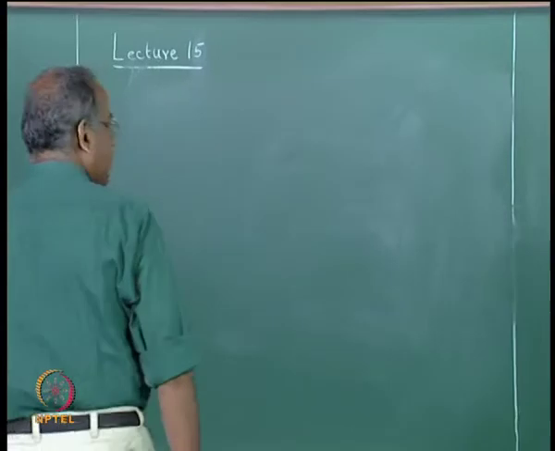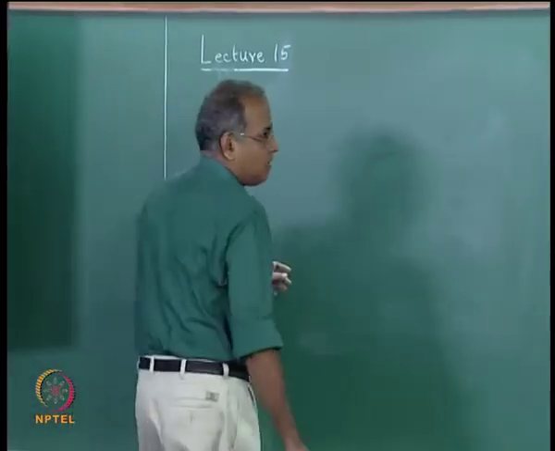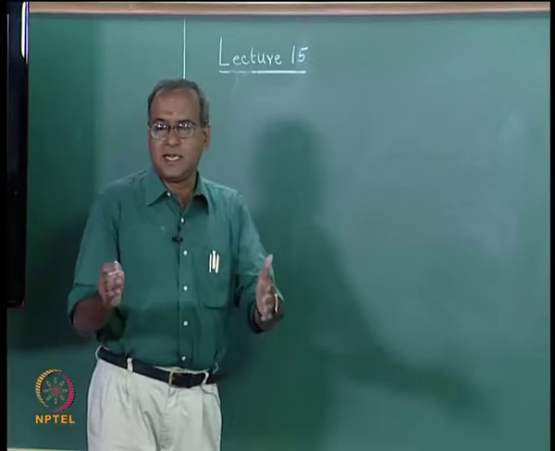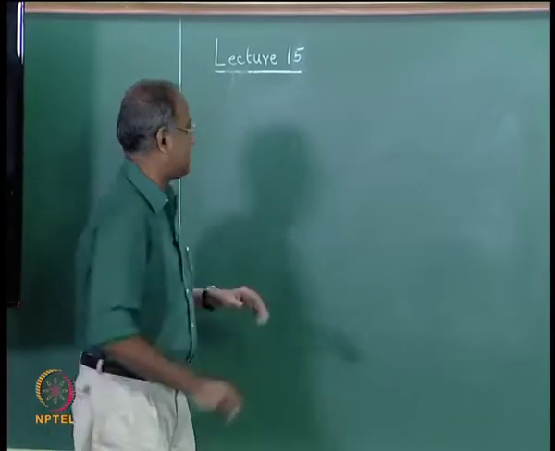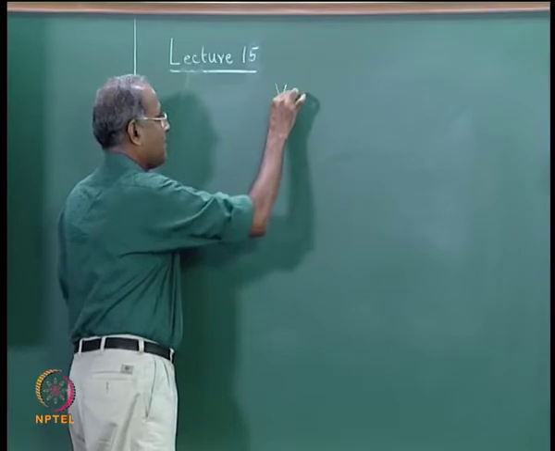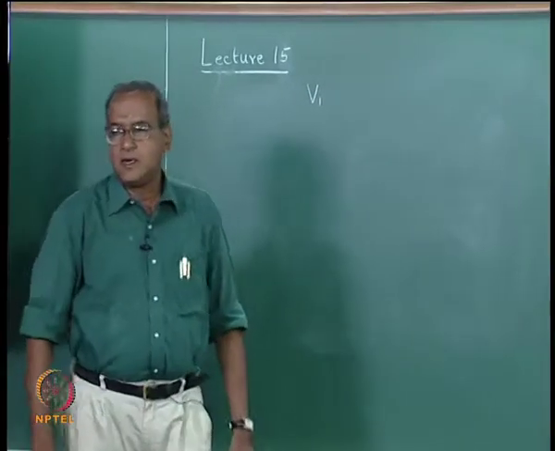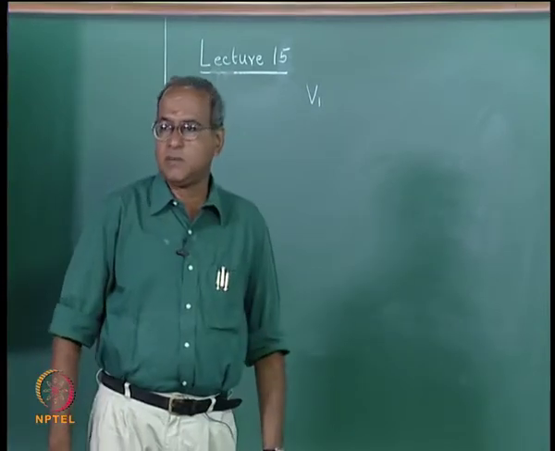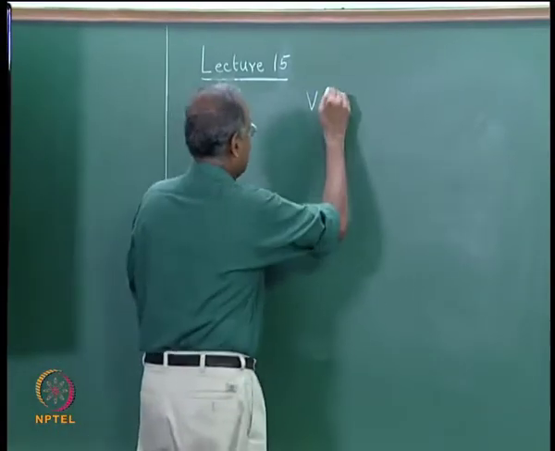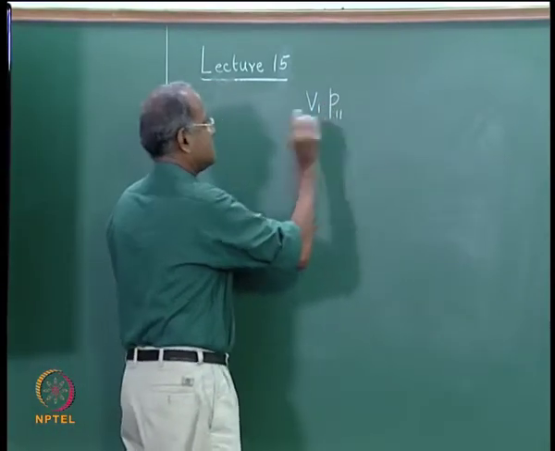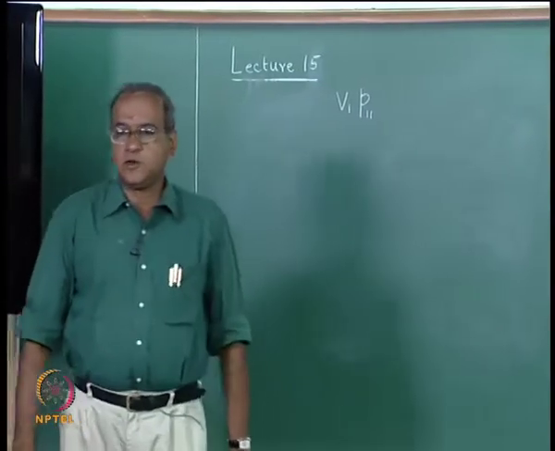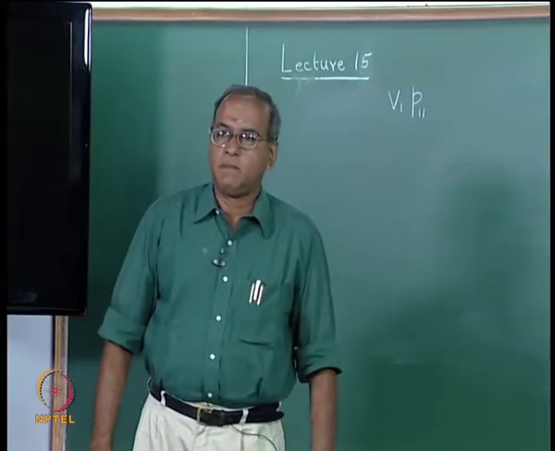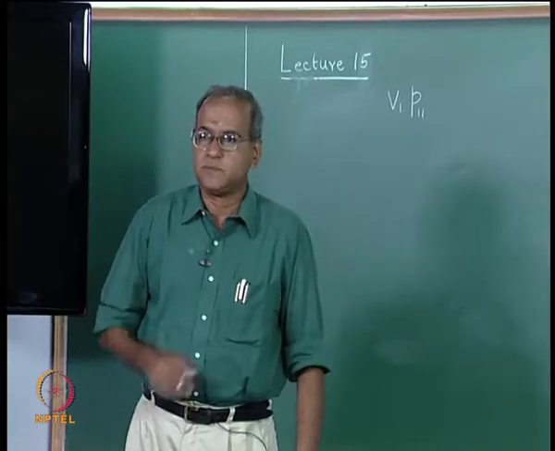A very quick recap: if the volume of production for part 1 in a given time period, say 1 month, is V1, and the unit processing time for part 1 on machine 1 is P11, then this much time is required on machine 1 by part number 1.